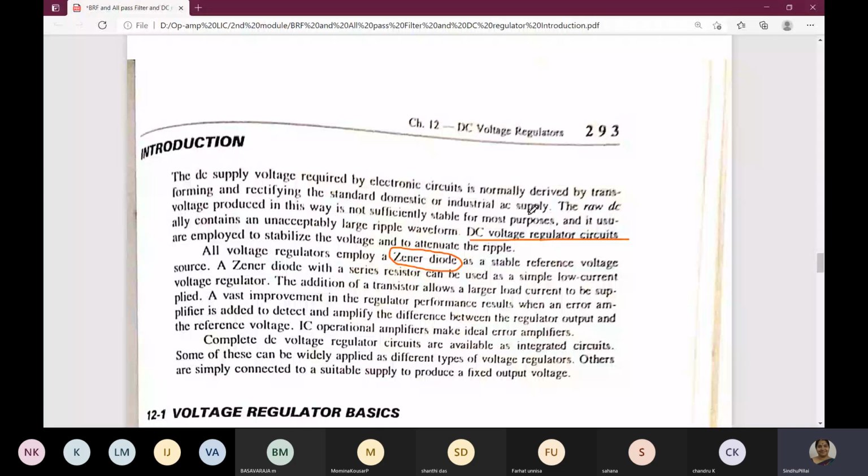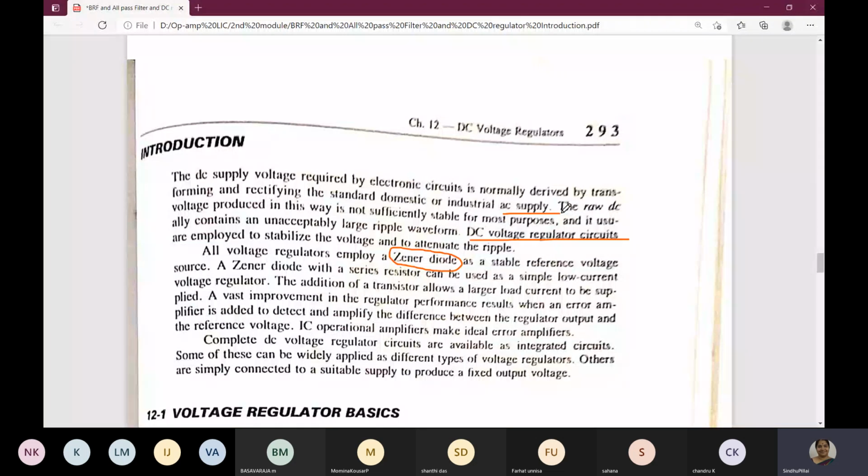In regulation, they always give importance to two points. One is the supply voltage, that is the AC supply that comes to a home, also called the line voltage, and the next is the load current. Two important topics to remember: supply voltage and load current.